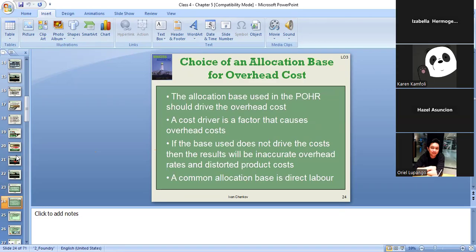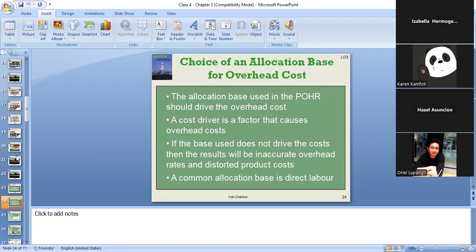Now the allocation base will be the key point here. Why? Because if you choose an allocation base which is not common to all your products, it means some of the products you're not going to apply manufacturing overhead to. If you don't apply manufacturing overhead, that means your product will be under costed, and you have to pay for that cost. So the allocation base should naturally drive the overhead cost.